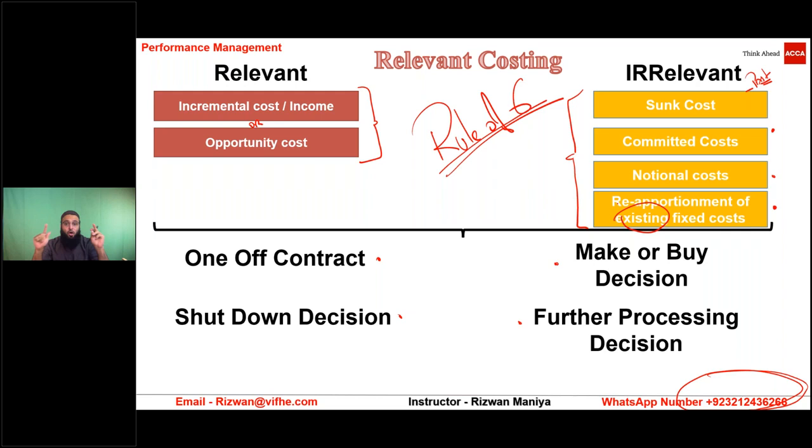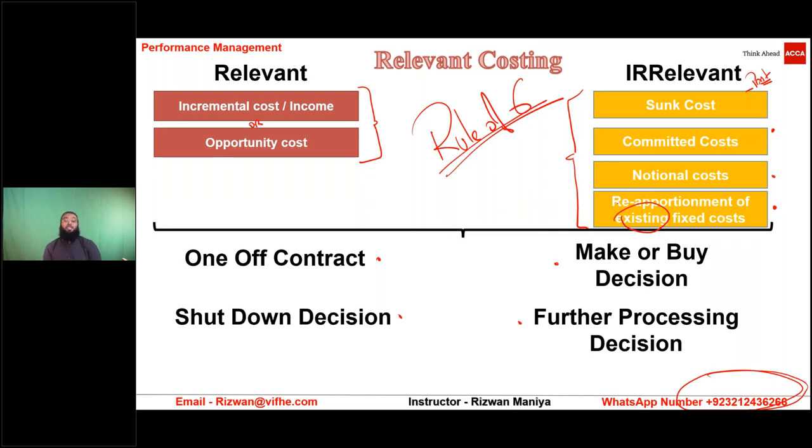That is not relevant for this job, because even if I hadn't accepted it, I would still have paid the rent. So the existing cost, which is already there and is not increasing, is the same. If you're charging that existing fixed cost to your decision or option, that's irrelevant.